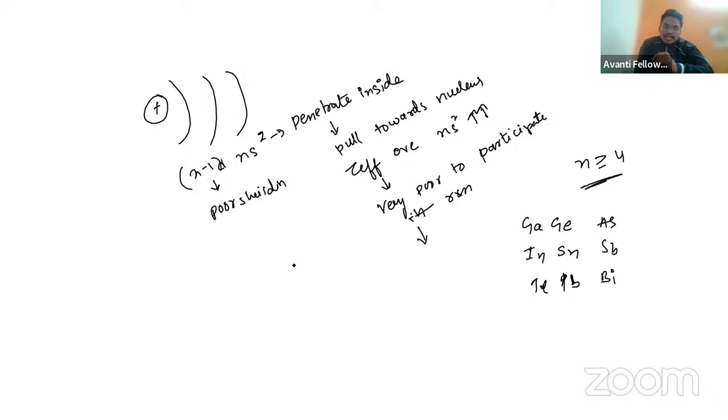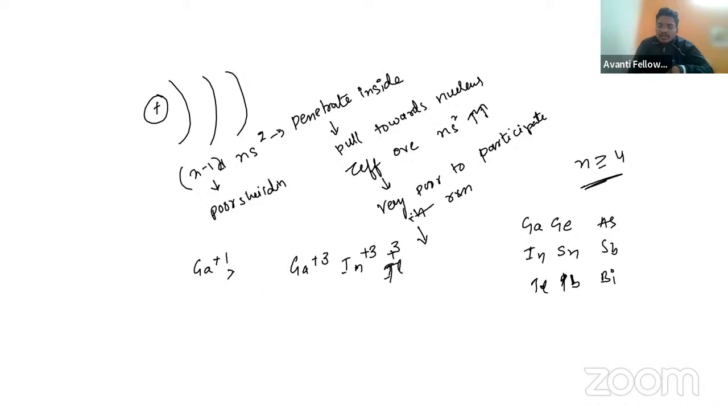Generally, gallium will exhibit the +3 state because the outer electronic configuration is ns2 np1. Gallium, indium, and thallium all exist in the +3 state. But the interesting fact is that the +3 state is highly unstable compared to the +1 state, so +1 is more stable in this case.